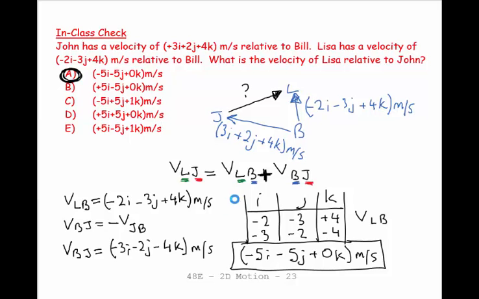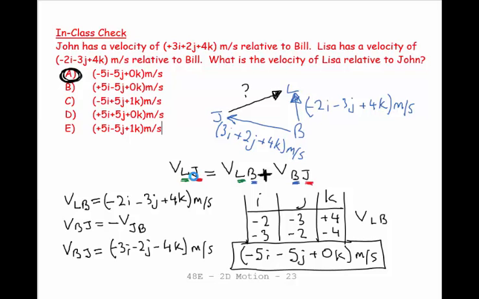So I began by going from the word problem to a visualization. I then recognized that it was a relative velocity type problem, and I wrote down a standard equation. If I start with Lisa, I must start my right-hand side with Lisa.